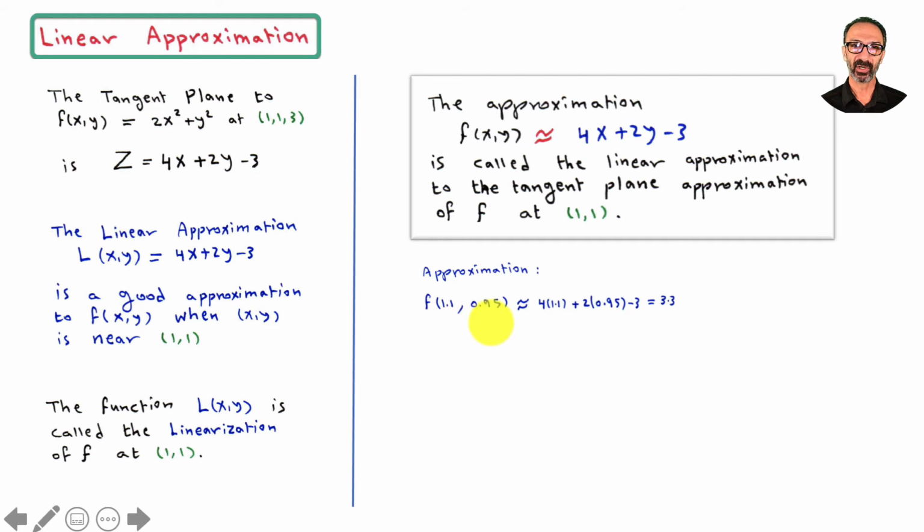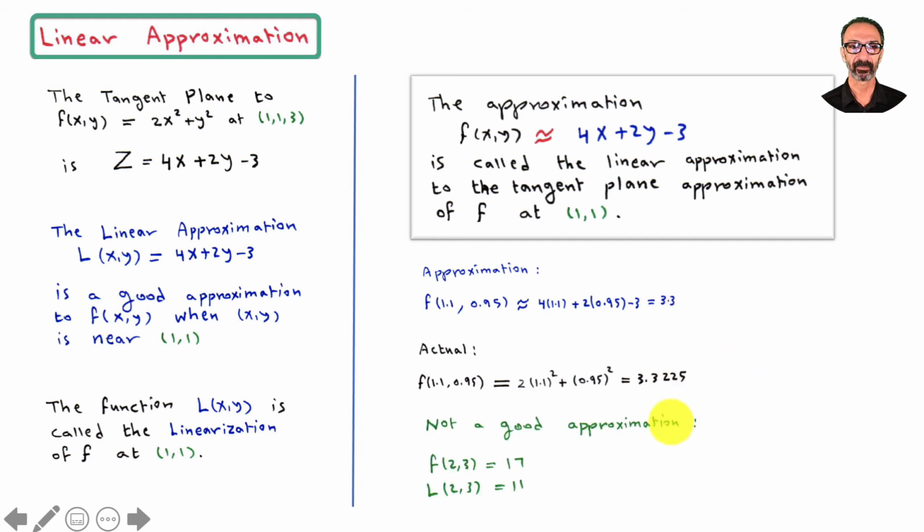If you use the approximation, we use 4 times 1.1 plus 2 times 0.95 minus 3, as you could see. If you use the actual, you take it from here, 2 times 1.1 squared plus 0.95 squared, as you could see. And compare both. That's 3.3, that's 3.3225. And that's a good approximation.